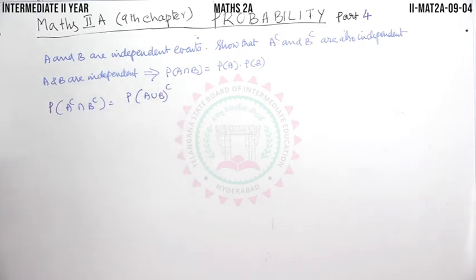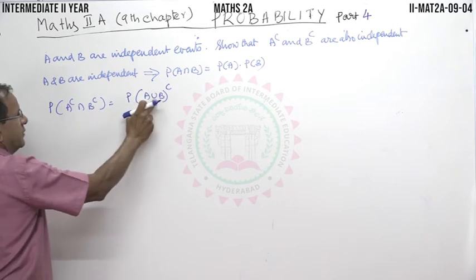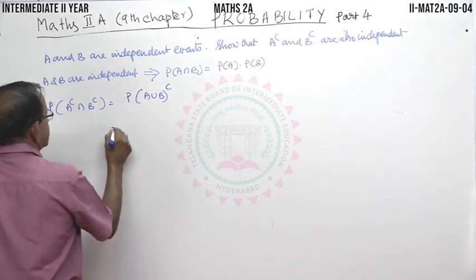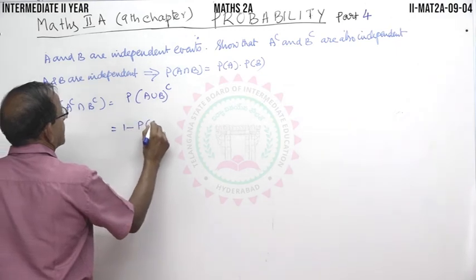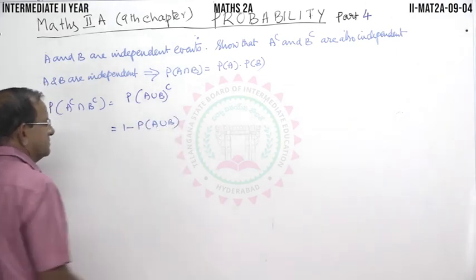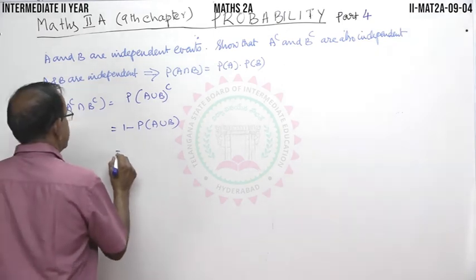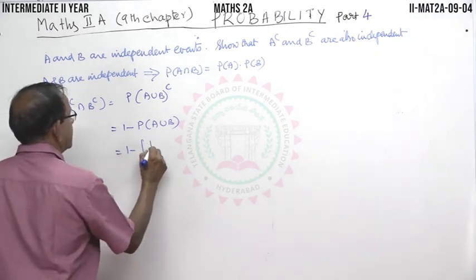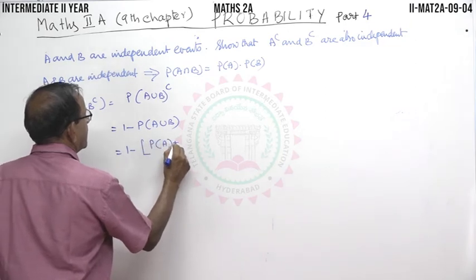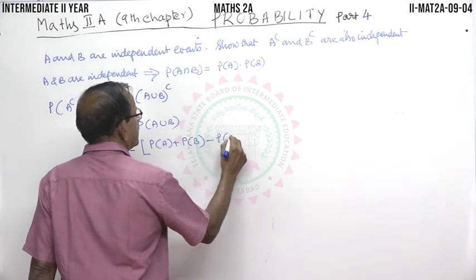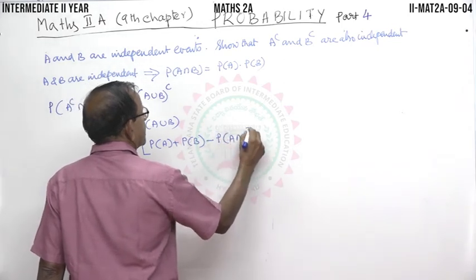For intersection we have to use union, for union you have to use intersection, for whole complement. This is 1 minus P of A union B. Now it is equal to 1 minus P of A plus P of B minus P of A intersection B.